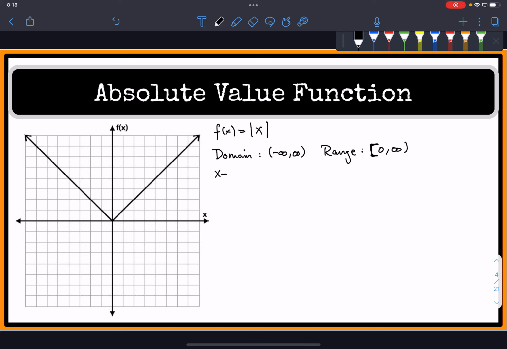Our x-intercept is at the origin, and the y-intercept is also at the origin. This does have an extrema. It has an extrema at 0, 0, which is an absolute minimum.